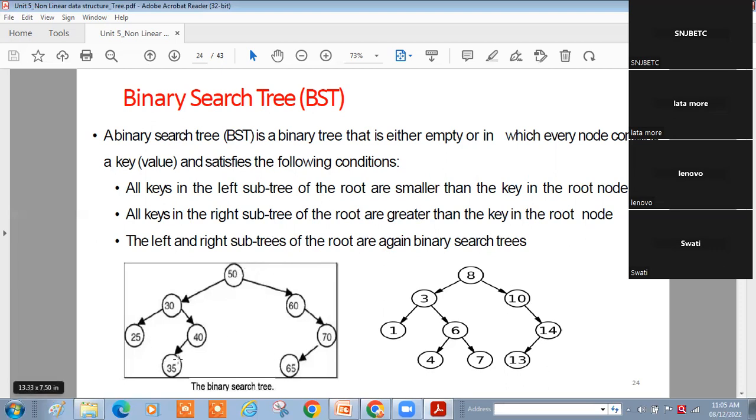Again observe over here, the left hand side is less than the root. Here the right hand side is more than the root. This is binary search. So remember that when the left hand side has values less than the root, and the right hand side has values greater than the root, then it is called a binary search tree. You got my point?